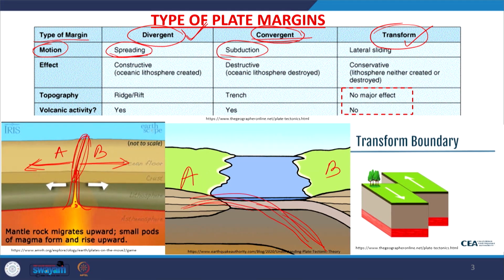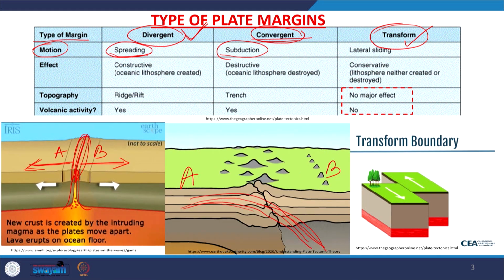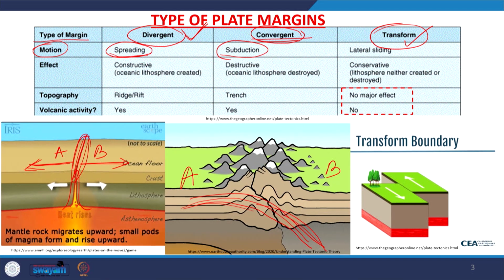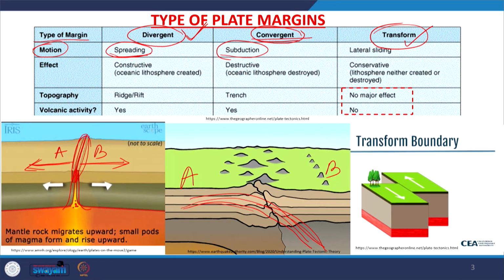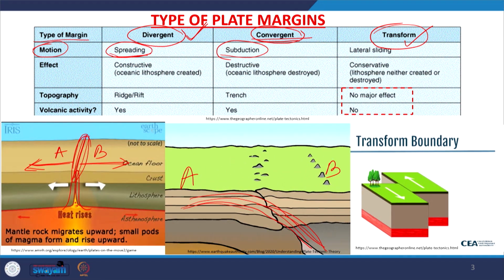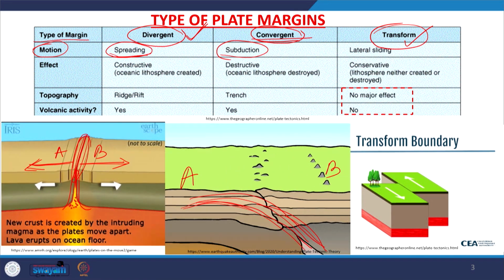For example, India and Eurasia. Nowadays, it represents the collision zone at the northern side and the subduction zone at the eastern side. Before this collision zone appeared, the Indian plate, or the Tethys oceanic plate, was subducting below the Eurasian plate. So, this is the subduction motion.